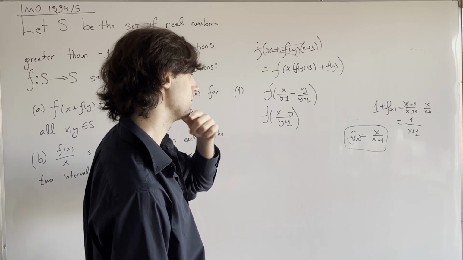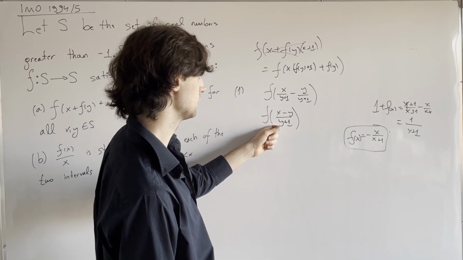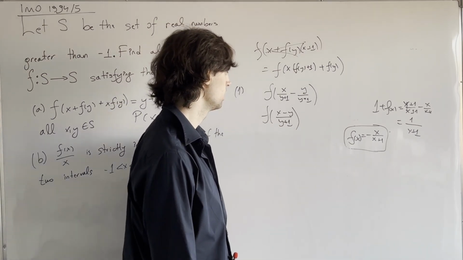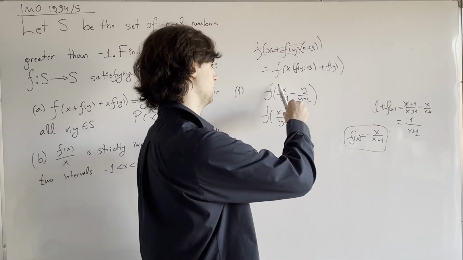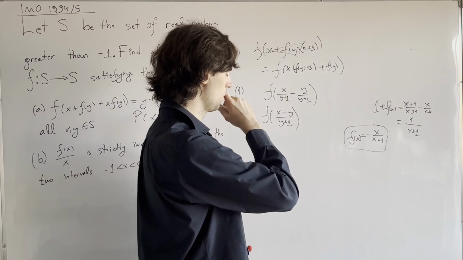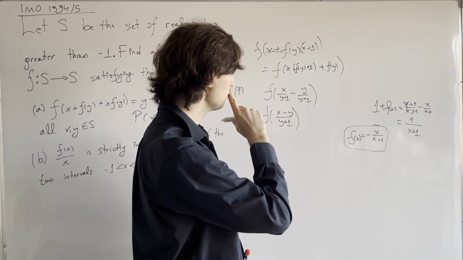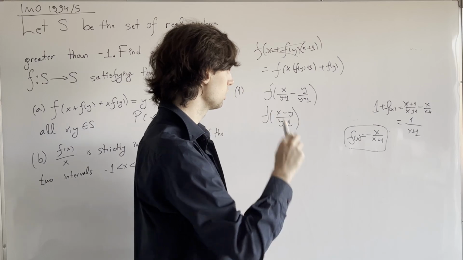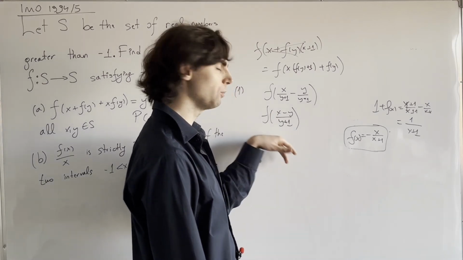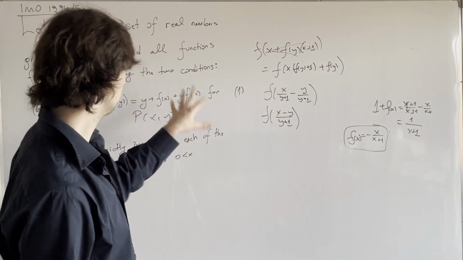My worry is if y is bigger than x, does this remain in S? Let's see, if y is a lot bigger than x, this is like 1. Or maybe x can be negative. Okay, but x cannot be super negative. We would still need to check that separately, but let's just check that this function actually works out.